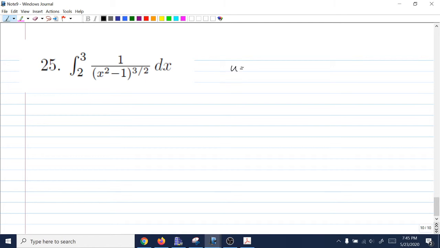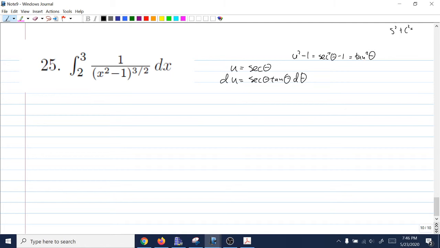Let's let u be, what is it here? This one is secant theta. So du is going to be derivative of secant theta, which is secant theta tangent theta d theta. The reason I like u is secant, because then u squared minus 1 is secant squared theta minus 1, which is tangent squared, right?